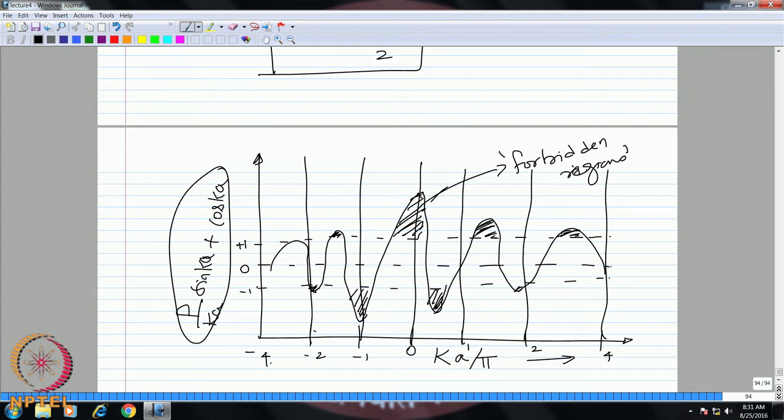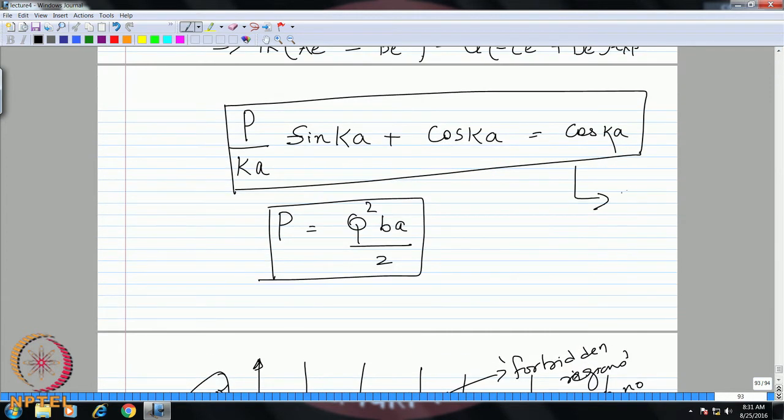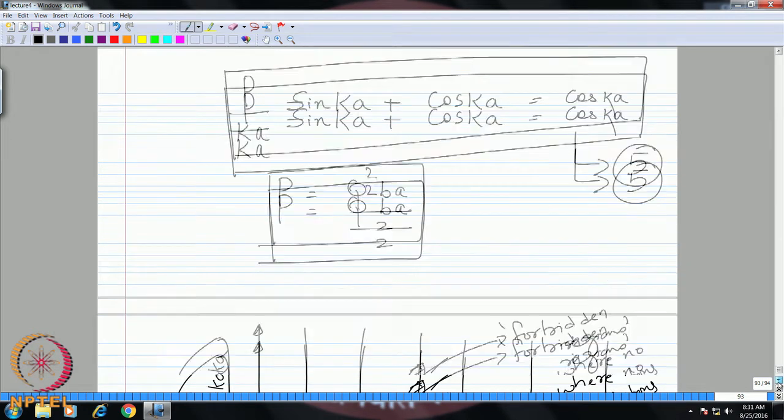This is the region where no electrons can exist, because they do not satisfy, let us say, equation number 5.